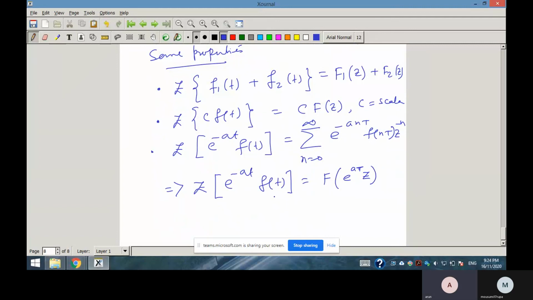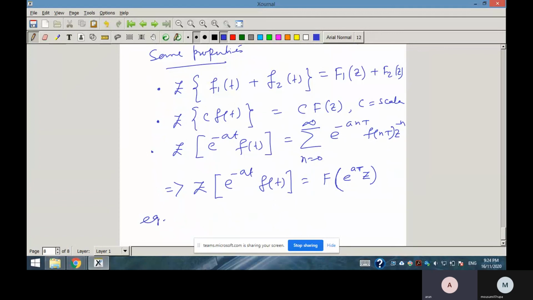So suppose the Z transform of f(t) is F(z). Then the Z transform of e to the power minus aT into f(t) will be obtained by replacing z in F(z) by e to the power aT into z.